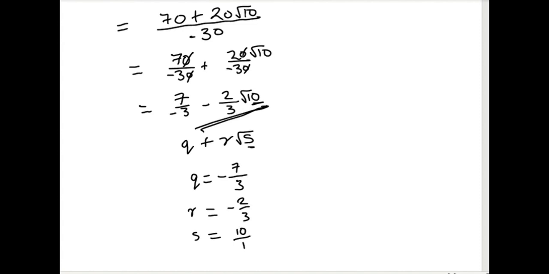So we can see that we've finally expressed each of these numbers as rational numbers. They are ratios of two numbers, a over b. 7 can represent a, 3 can represent b. So these are our final answers.